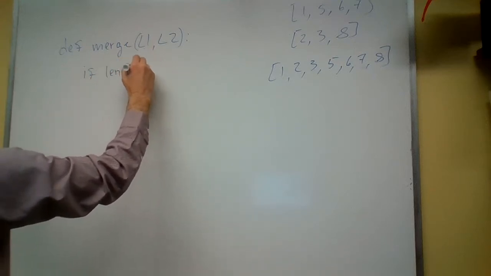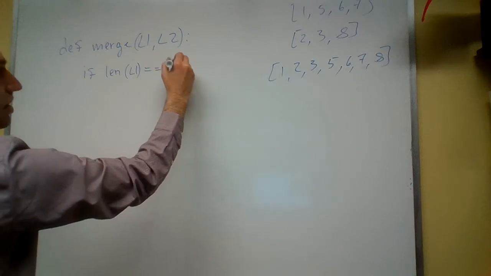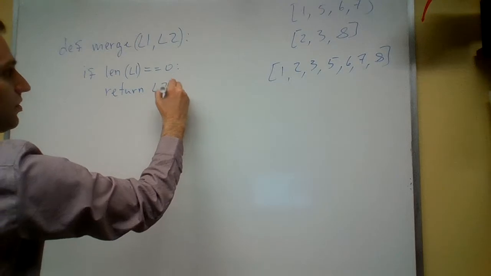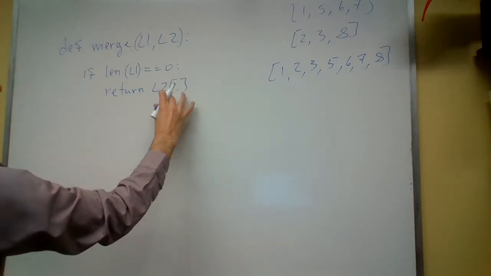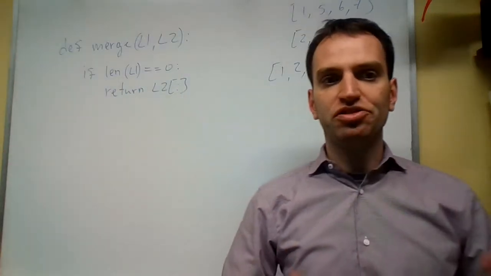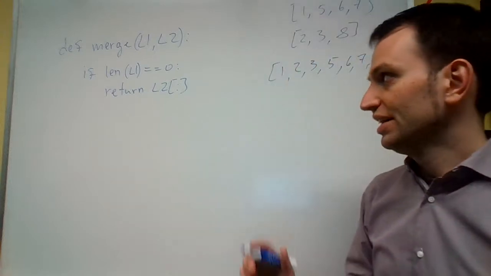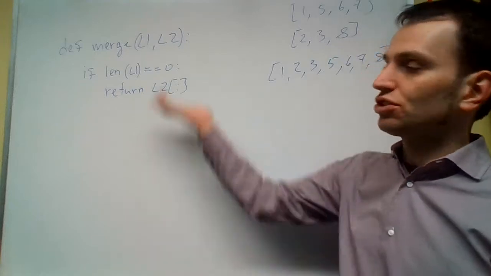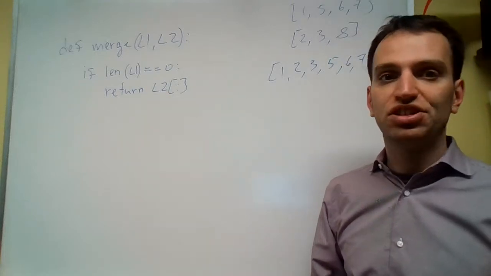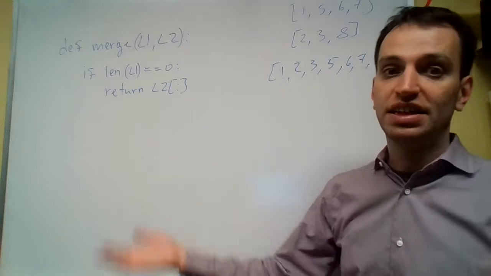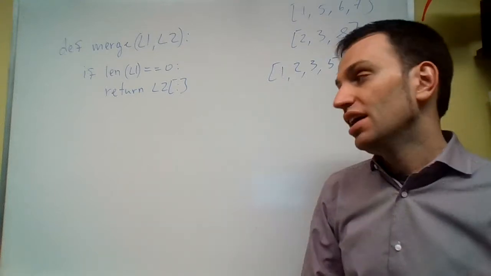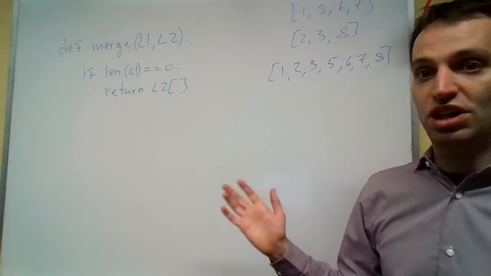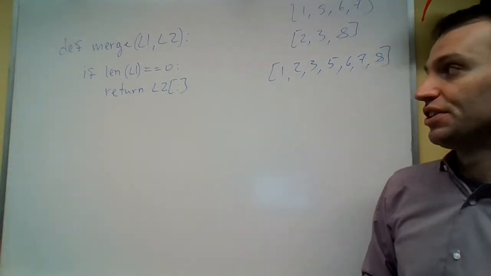So if the length of L1 is 0, I'll just return a copy of L2. Now, the reason I'm saying copy here is that I generally really don't want to be returning lists that are aliases of the arguments. The users of this function would not necessarily know that they're getting an alias and not a fresh list, and then they might be in for a nasty surprise, which they couldn't debug very easily at all.